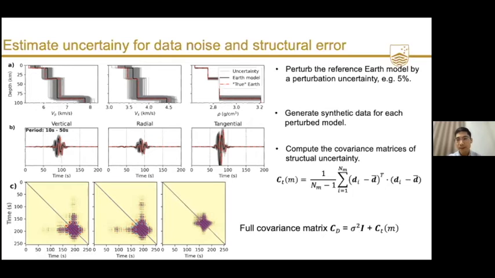It is significant in source inversion. In this work, we propose a method to partially solve that problem. For data noise, we consider uncorrelated noise with a diagonal matrix, using a percentage of the RMS of the data.